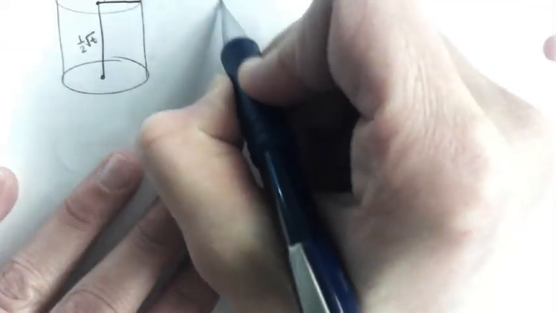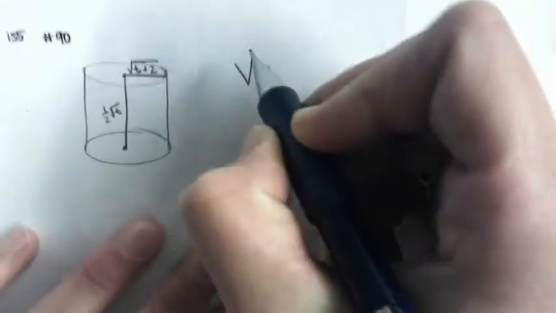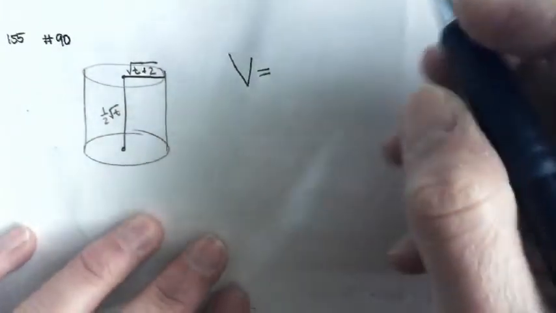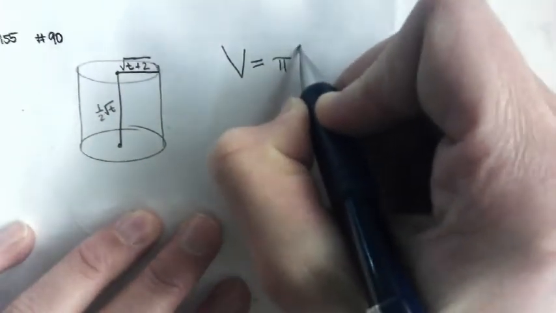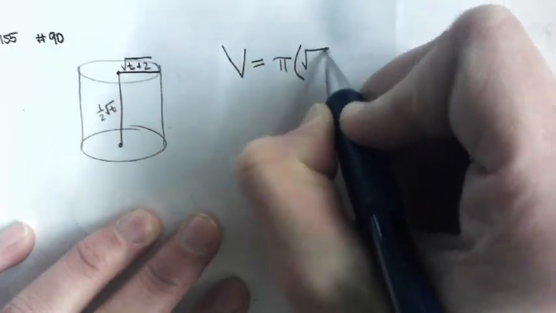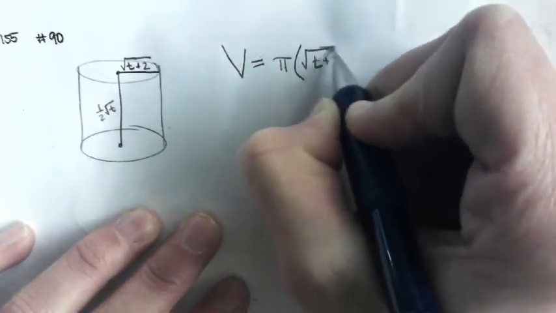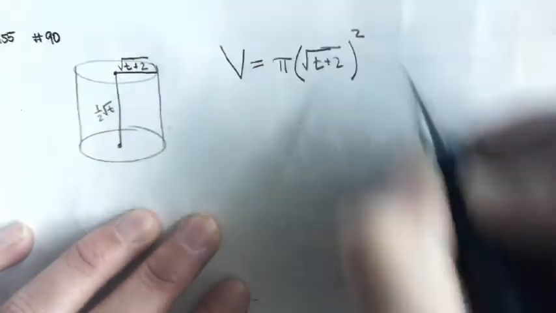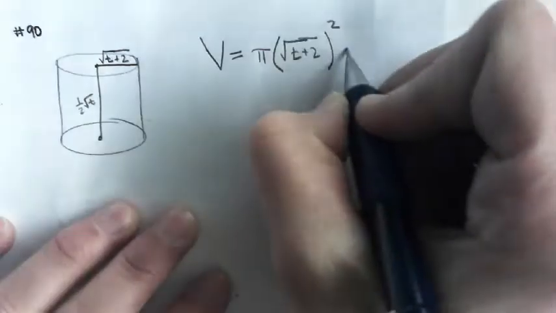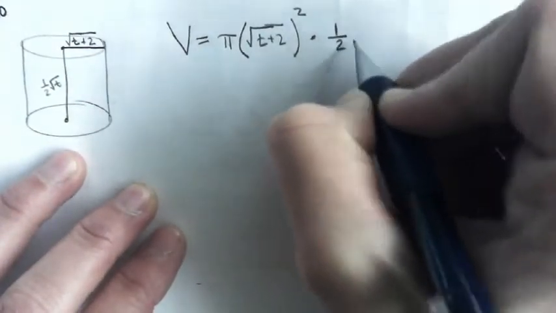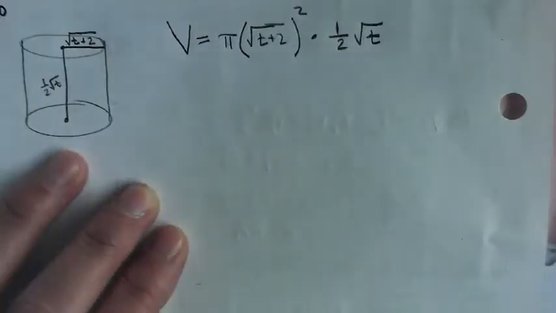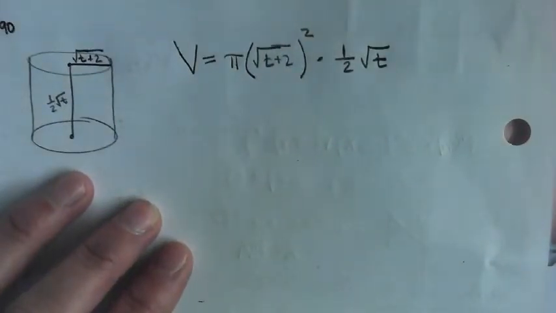So the volume formula is pi r squared h, with r as root t plus 2, squared, times your h of 1/2 root t. So we want to derive this.